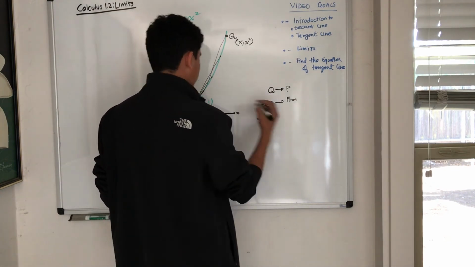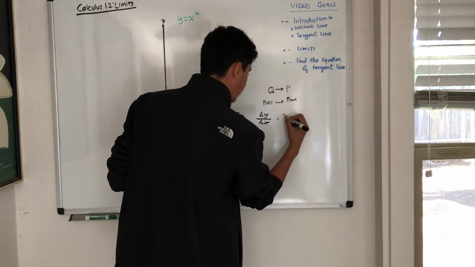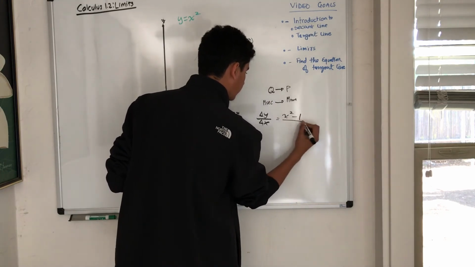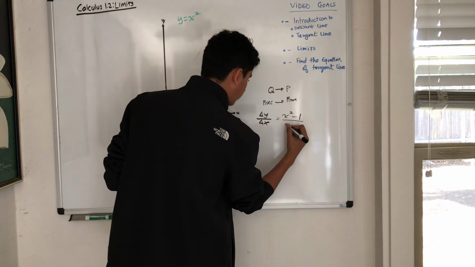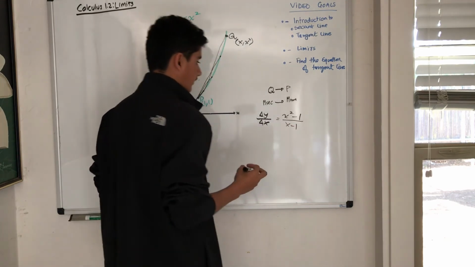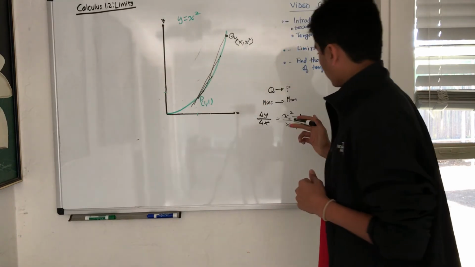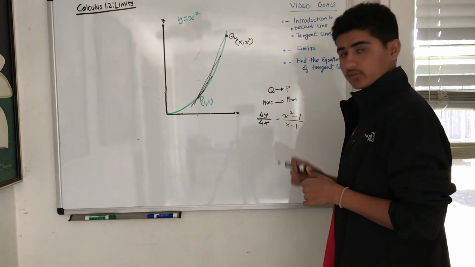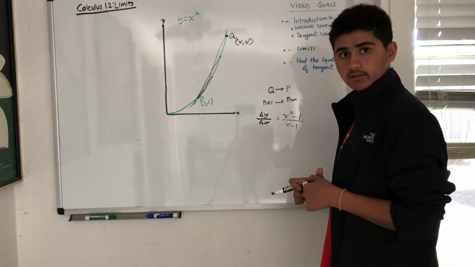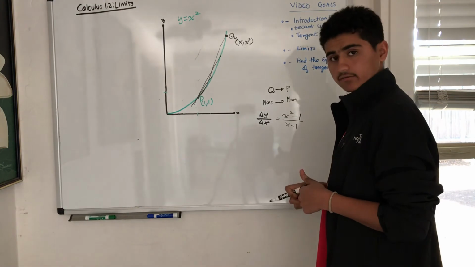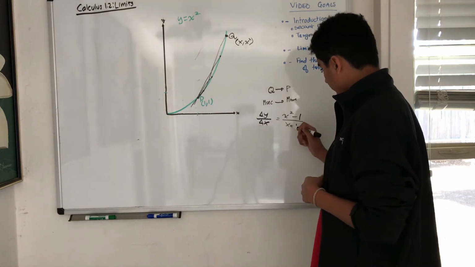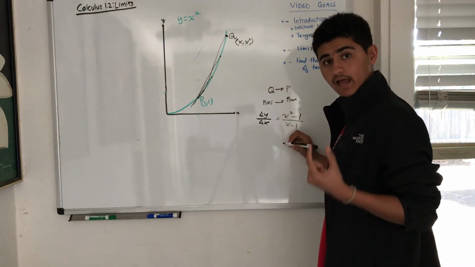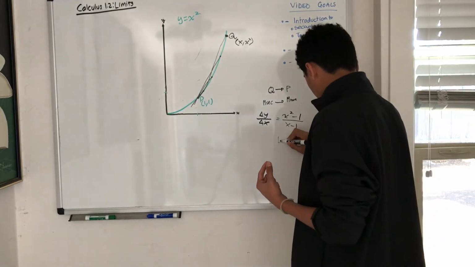which by the way is going to be x squared minus 1 divided by x minus 1. One value that you obviously can't use is the value of 1, because it'll become undefined if I use 1. So why don't we factor this and make it a little simpler? And this is where algebra will actually help you.